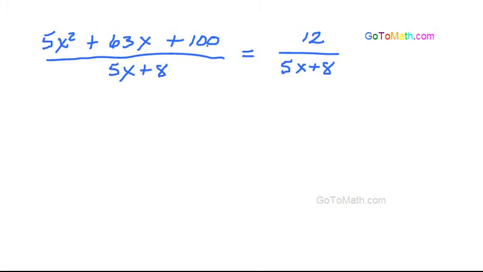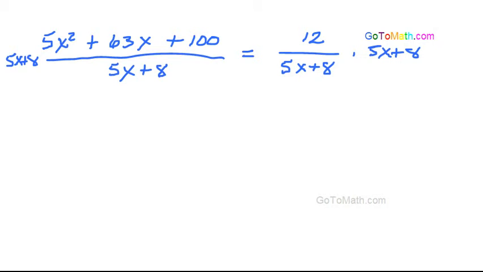Okay, so we want to solve for x, and that means we need to get rid of this stuff down here in the denominator. We can simply do that by multiplying both sides by 5x plus 8. Why can't we just do that? Multiply this side by 5x plus 8 and this side by 5x plus 8.